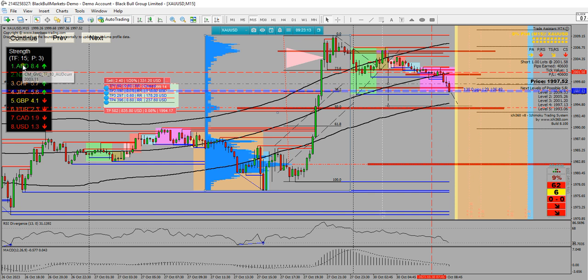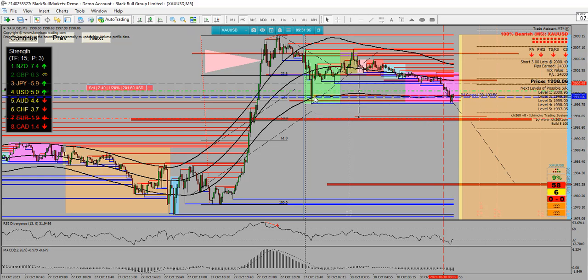Let's have a look at the currency strength, see if this means anything to us. If the US dollar is weak, which it is, that is good. And we're just at this level here, we've broken it, and we're at support.